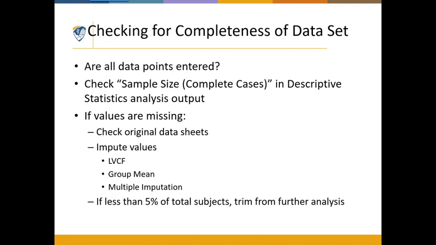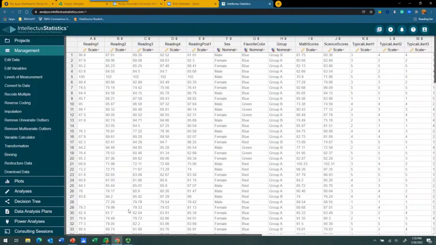That's data that's not missing at random, and that becomes problematic because it could be creating some bias in your data set. If data seems to be missing at random, then trimming or replacing the missing data through one of these methods is perfectly appropriate.